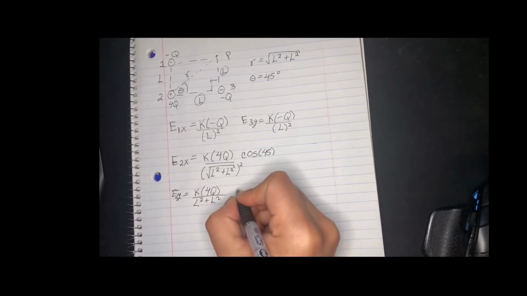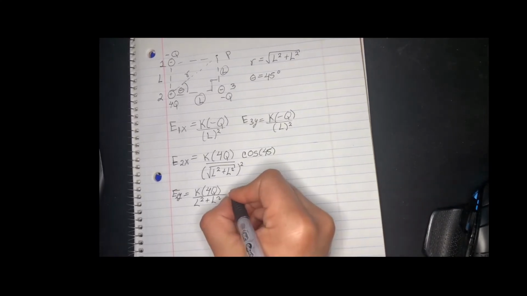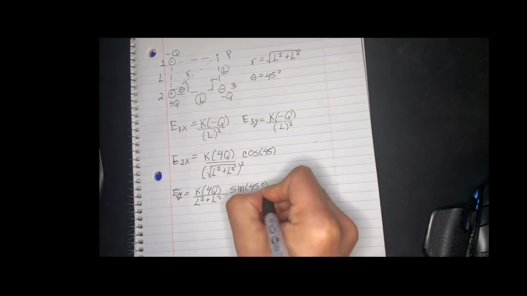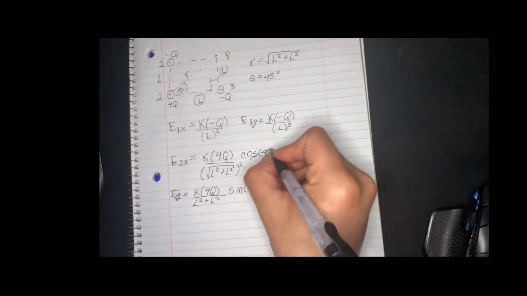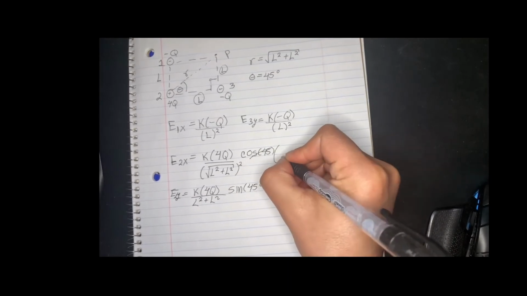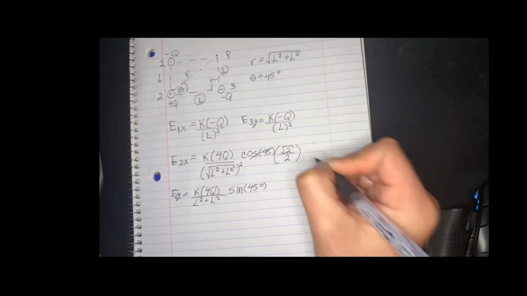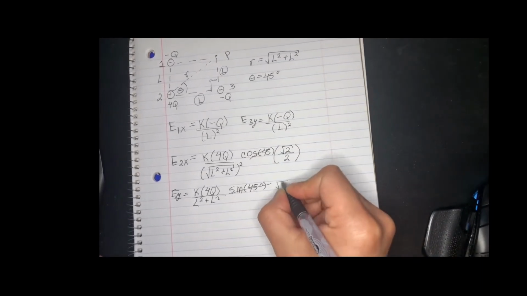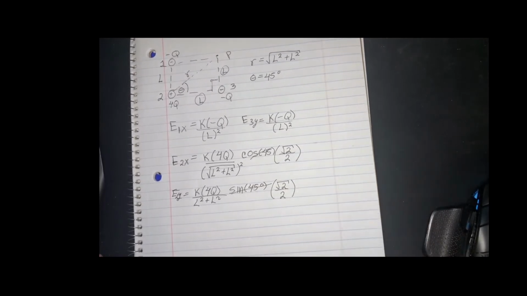And we're gonna multiply it, because we're doing the Y component, we're gonna do the sine of 45 degrees. We can change the cosine of 45 degrees by square root of 2 over 2. And the sine is going to be the same, square root of 2 over 2.